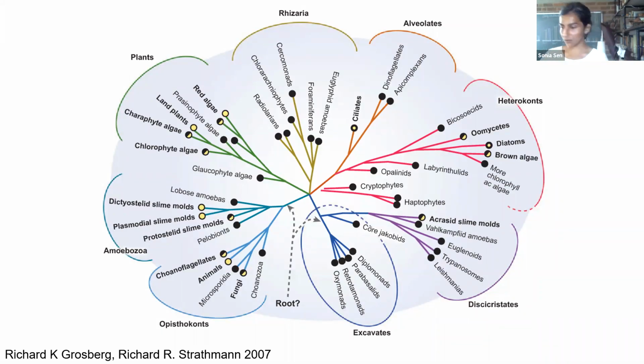On this figure, what you can see are these yellow circles. The yellow circles indicate where there's multicellularity in this tree of life, and all the black circles indicate that there isn't any multicellularity. The first thing to notice is that there are very few instances where you even have multicellularity, to consider where a nervous system could be.